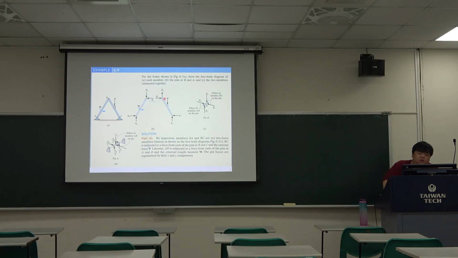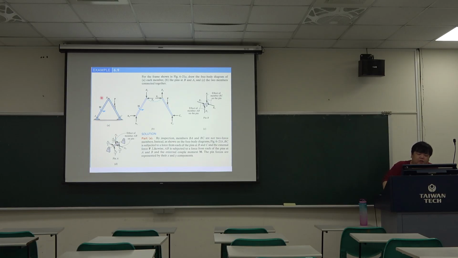So if this member has the internal force, it looks like this. We have this direction internal force, and in this object we also have this direction internal force. Use the same concept, and you can draw these two members' free body diagrams.